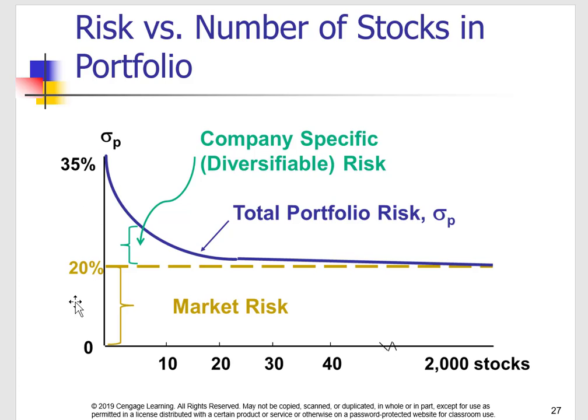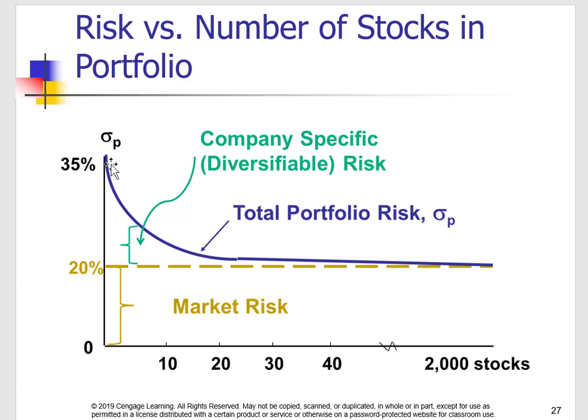So this is sort of what it looks like graphically, right? Let's say you went to the New York Stock Exchange, and quite frankly, this is where this study came from. They found the average standard deviation of every stock in the New York Stock Exchange.